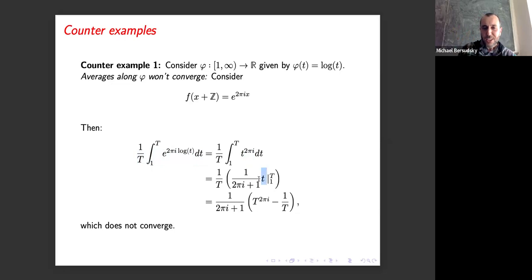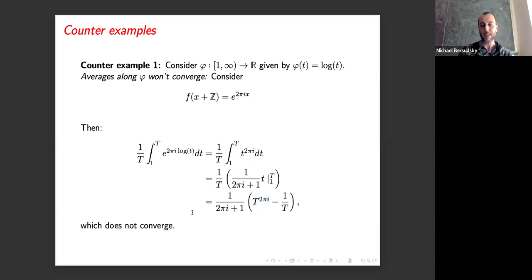Oh, sorry, I forgot the exponent. It should be t to the power 2 pi i plus 1. That's the classical integral formula of a monomial. And when you divide by t, you are left with this annoying t to the power 2 pi i, which is just oscillating. It's not converging.